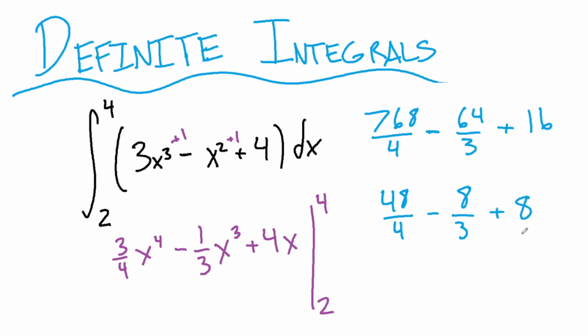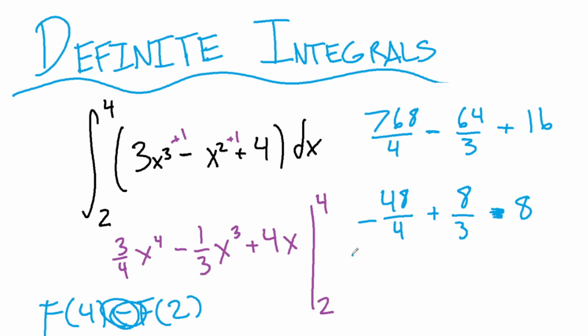Now, remember the first fundamental theorem of calculus says that the definite integral from a to b of a function is the same as the antiderivative of that function at the upper limit minus the antiderivative of that function at the lower limit. What we're focusing on here is that minus. So we flip all the signs of the bottom equation, because we're doing the top equation minus this. So minus plus, we'll make that minus.